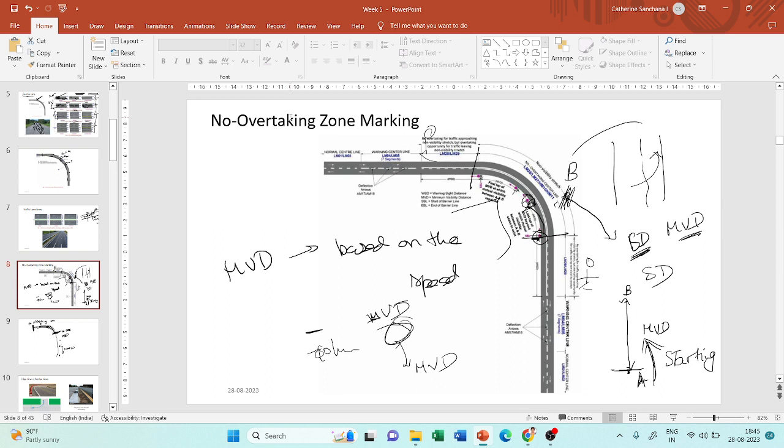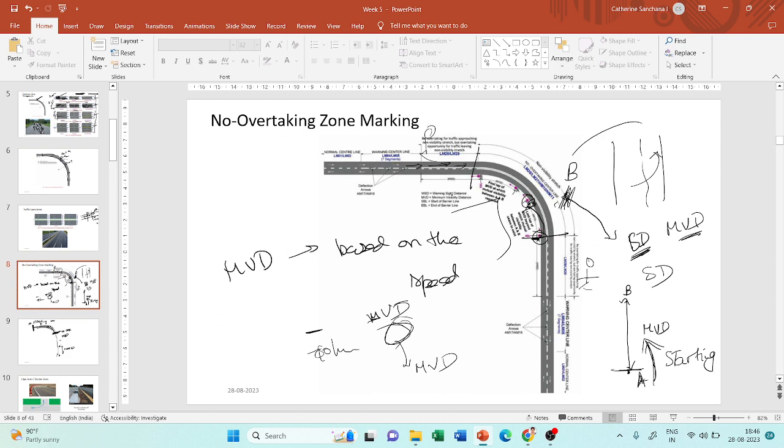Now if you see after this, you see a combination of a straight and a broken line, right? This means that for traffic moving in this direction, overtaking is prohibited. Why is it prohibited? Because they are approaching the overtaking zone.